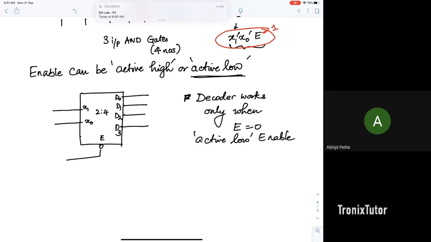The problem with CMOS design and a lot of chips that you'll buy from the market is that it's very easy to generate a 1. So the noise margin for the 1 is much wider than the noise margin for 0. Therefore, whenever we use enable signals, we use a 0 because it is hard to generate a 0. So if you have generated a 0, it means that you intended to enable that particular chip. And so that's why we use a 0. Good question.